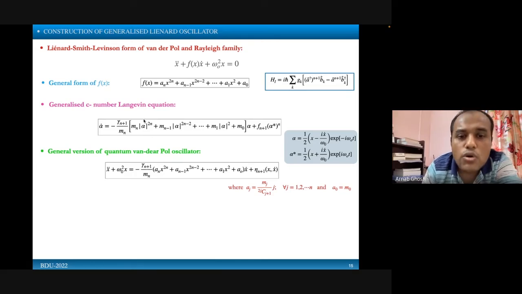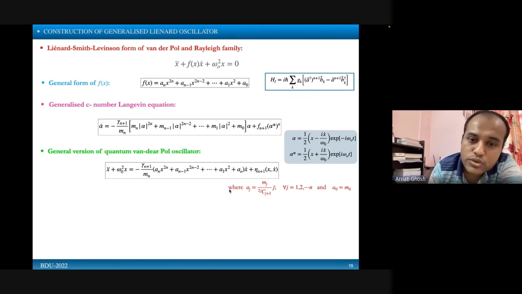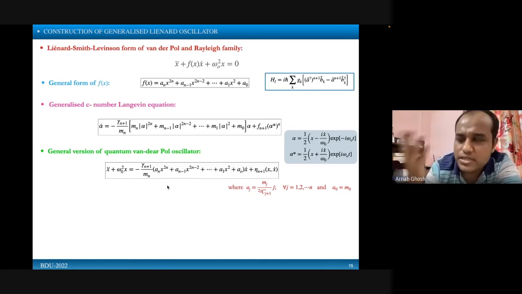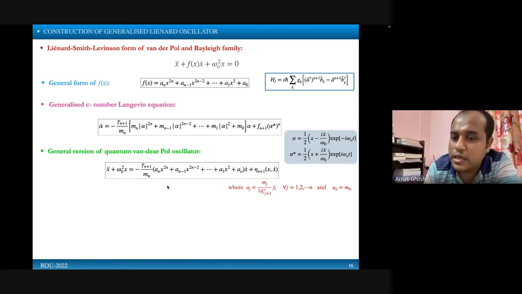You can now relate the general expression for the AI which appear in your polynomials and these MJ, so you can judiciously choose your MJ such that it exactly matches your desired general form of the van der Pol oscillators, which admits at most n such limit cycles. So this is for the van der Pol oscillators.